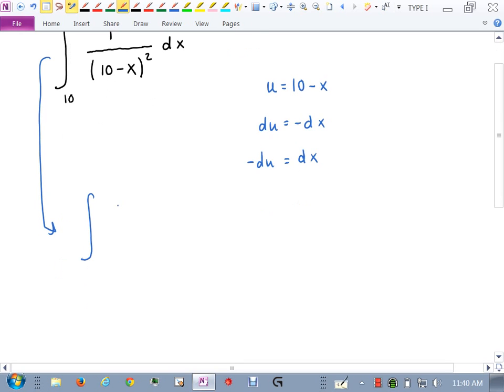This integral becomes 1 over u squared, and then negative, right, outside, du. That's the same as negative integral u to the -2 du. What's the antiderivative of u to the -2? -1 u to the -1, which is the same as 1 over u, because the negative becomes positive.